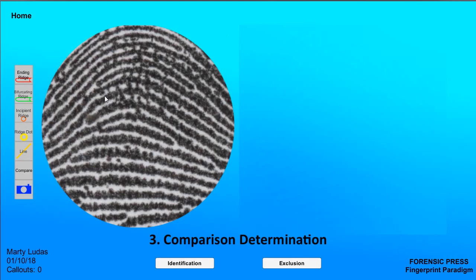Okay, we have a plain arch here, and what I'm going to do is recognize the ridge events and mark some of them ahead of time before I compare it. In the analysis phase, I can mark these ending ridges.